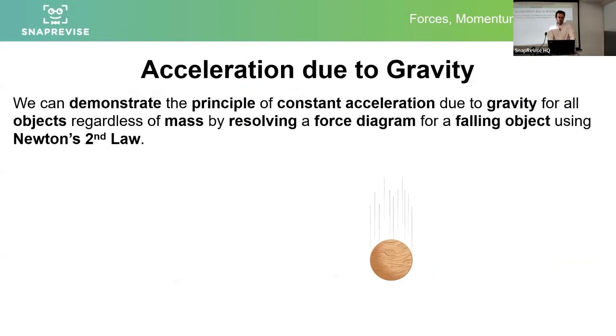We can demonstrate the principle of constant acceleration due to gravity by doing a tribute act to Galileo, or if we're in our classrooms, we can resolve a force diagram for an object using Newton's second law. Okay, so force diagram, as always, there's weight.